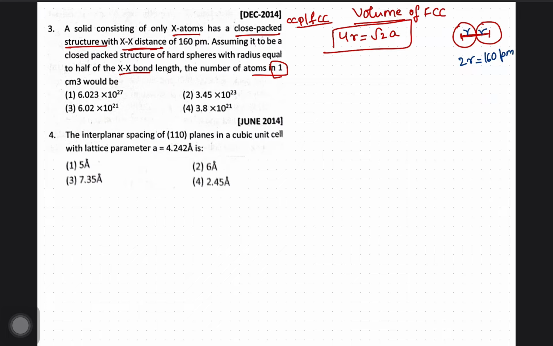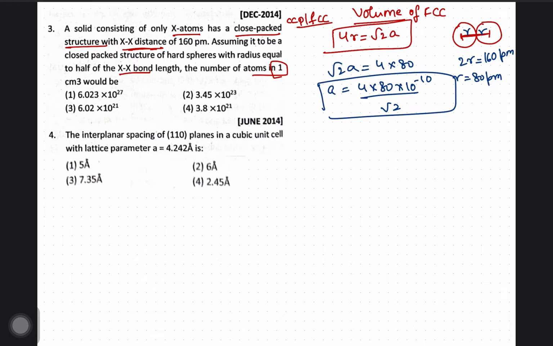You can calculate the value of a from here, because r will be 80 picometer. So √2 a is equal to 4 into 80. a will be 4 into 80 picometer, converted into centimeter, divided by √2. So this will be your edge length.